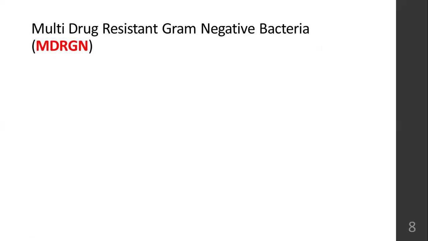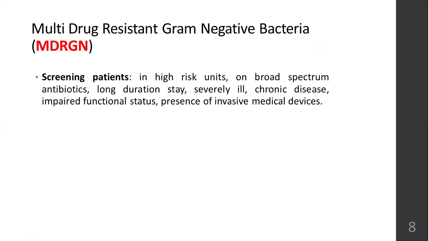Then you have multi-drug resistant gram-negative bacteria. To find out this situation, screening is very important. All the patients who are high risk, for example, patients who have been on broad spectrum antibiotics for a very long time, they are in a hospital for a very long time, severely ill, chronic disease patients, and patients who have invasive medical devices on them for a very long time. So these all are the high risk patients.